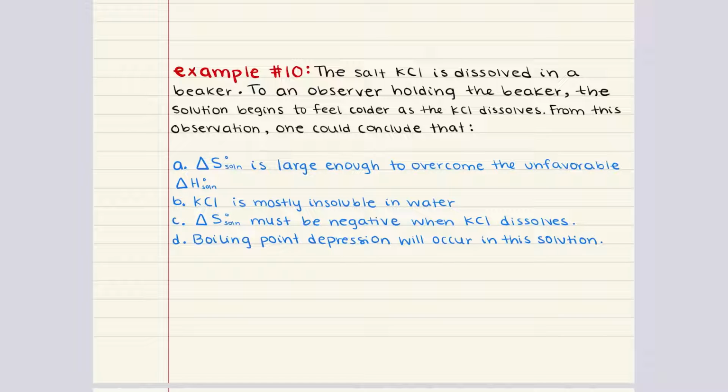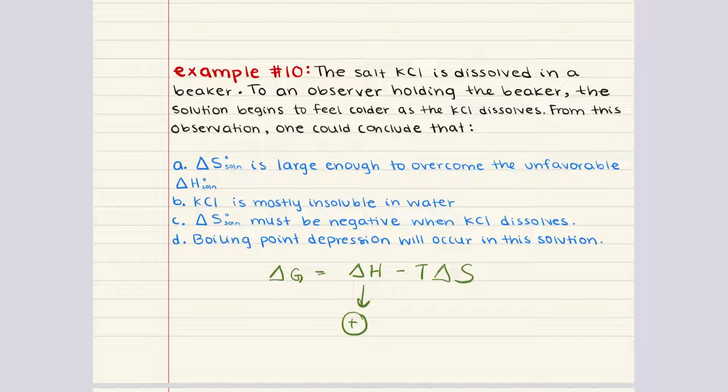this solution. Now, dissolution is governed by enthalpy and entropy, and they're related by this equation. Delta G is equal to delta H minus T delta S. Now, the cooling of the solution indicates that heat is used up in this bond-breaking reaction. So in other words, dissolution is endothermic and delta H is positive.